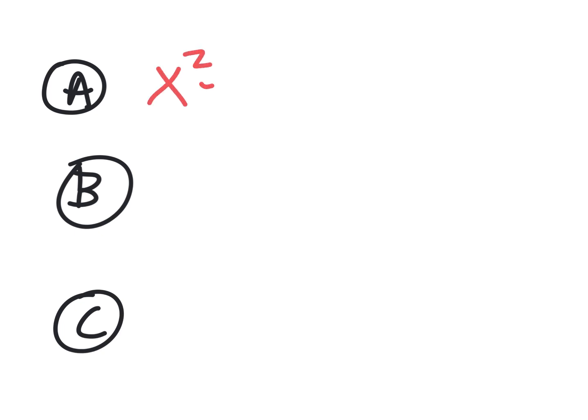All right, x squared minus 81 is your first one to factor. Your second one is x squared plus 3x plus 2.